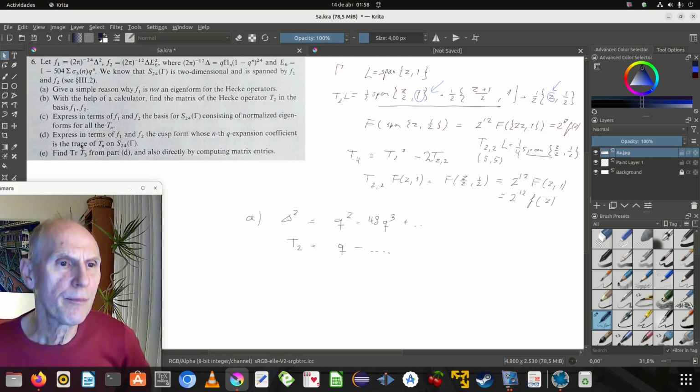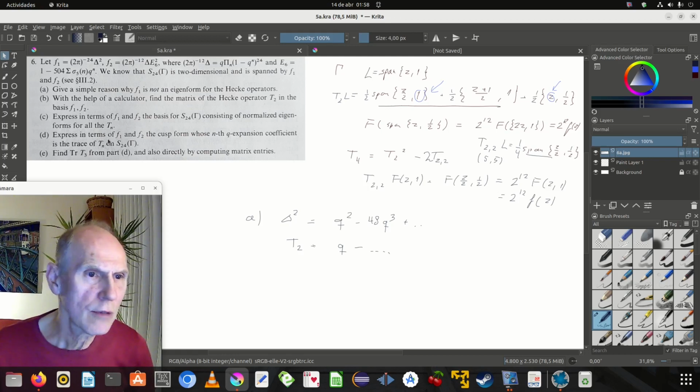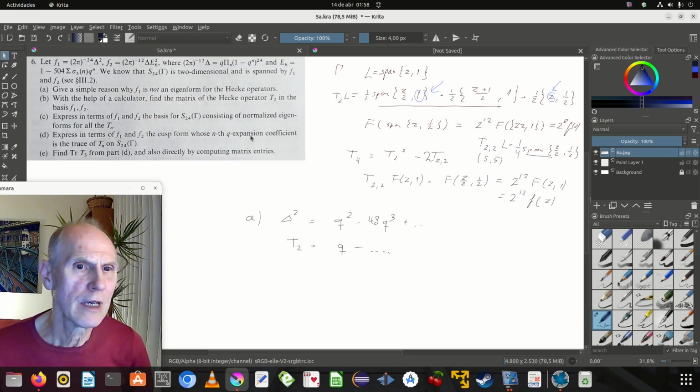Next, D, express in terms of F1 the cusp form whose nth expansion coefficient is the trace of Tn.